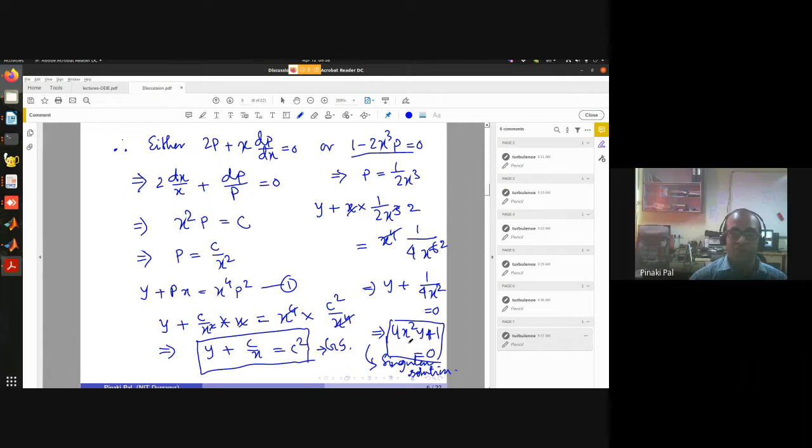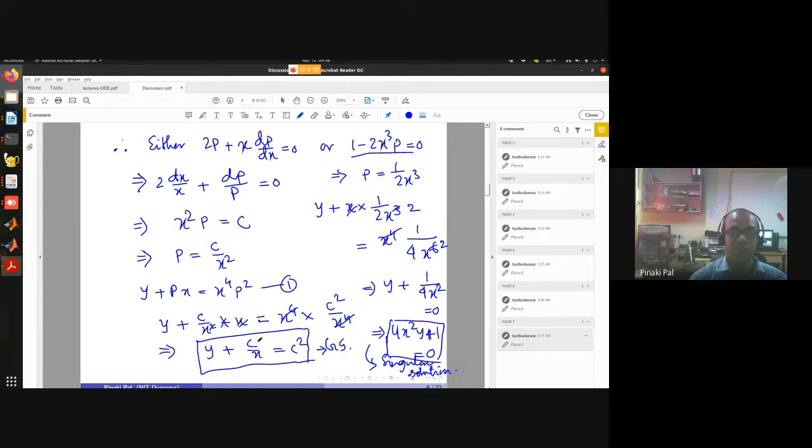No. If it can be obtained, then it is called a particular solution, not a singular solution. For example, if we put C is equal to 0, you will get y is equal to 0, right? Y equal to 0 is a particular solution of the problem, not a singular solution.